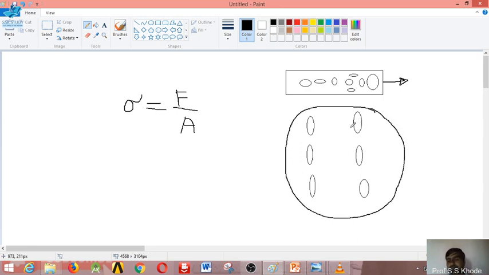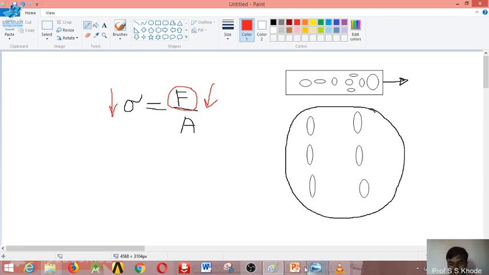If you observe, due to the further application of the load and the deformation, the molecules get separated and detached from each other, and due to that detachment, the internal resisting force goes on decreasing. And as the internal resisting force decreases, the induced stress also decreases.